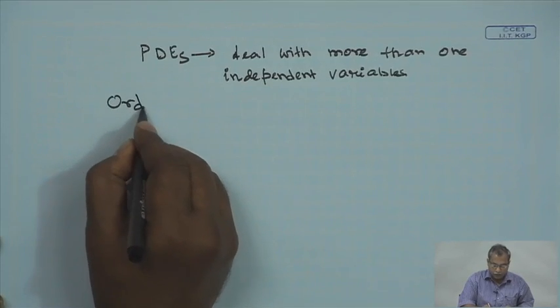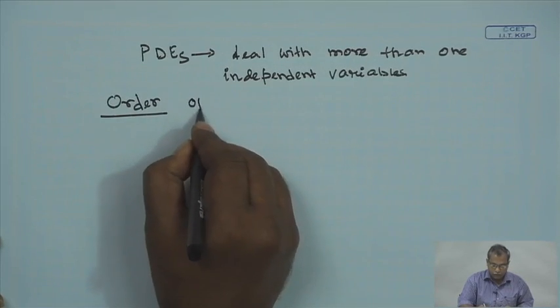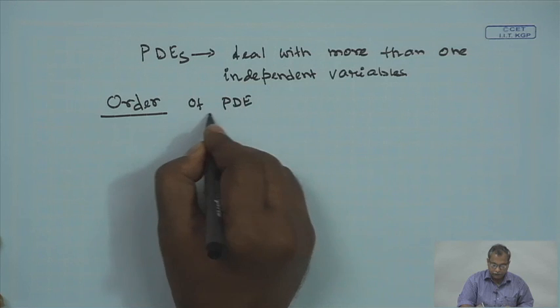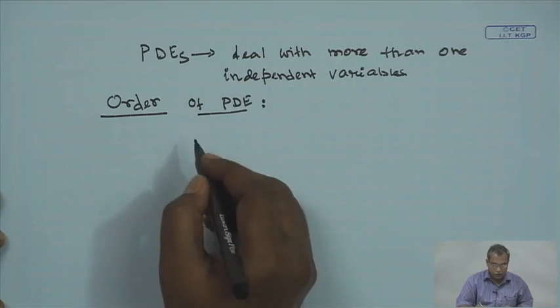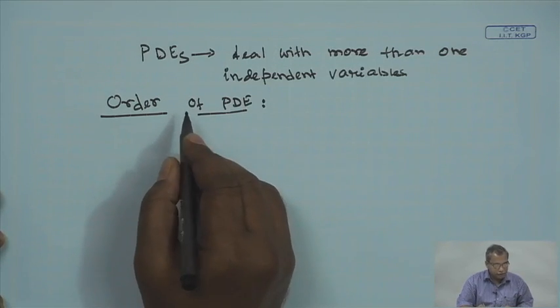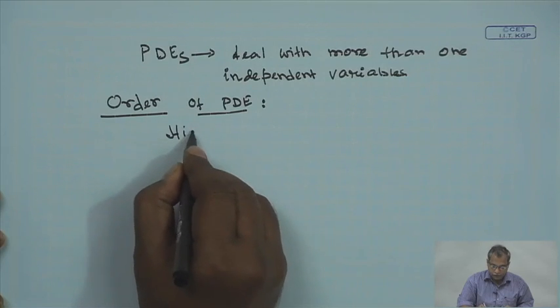Now, let us look into what is called the order of a partial differential equation. The order is the highest derivative of the equation.